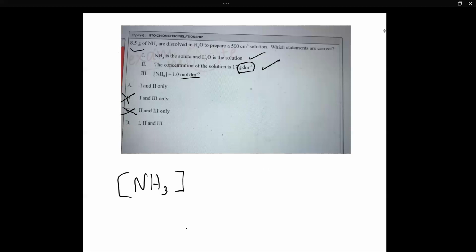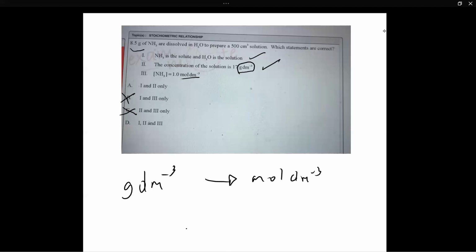And as I mentioned before, the units for concentration have changed over here. It's not grams per decimeter cubed, but rather it is moles per decimeter cubed. So if you want to convert from grams per decimeter cubed to moles per decimeter cubed, there's actually a very easy method to do so. It's a quick method and it doesn't take long.